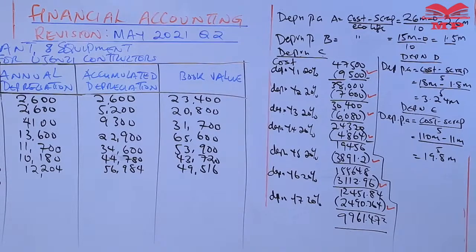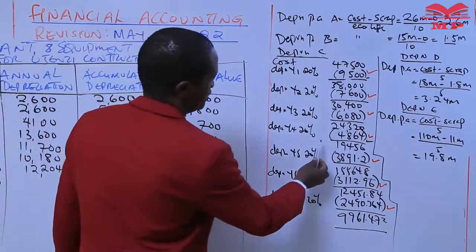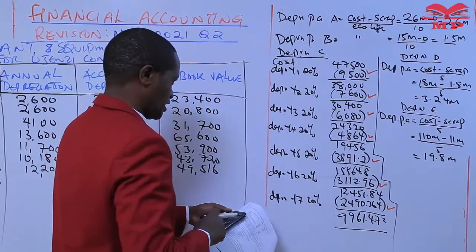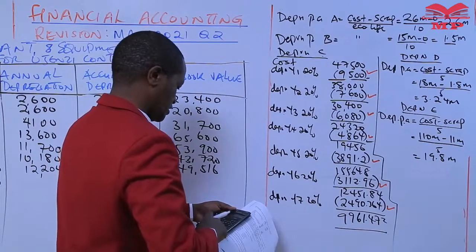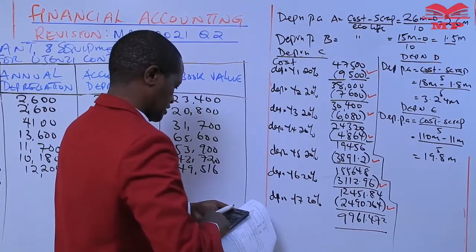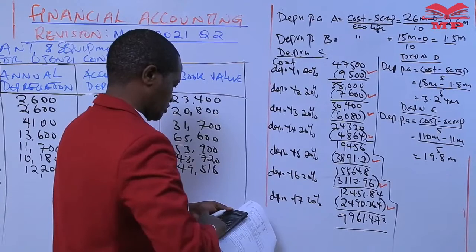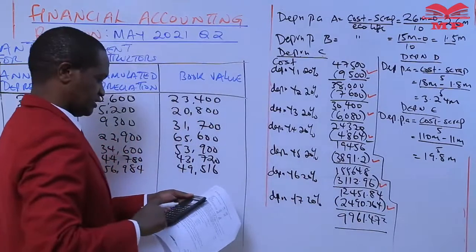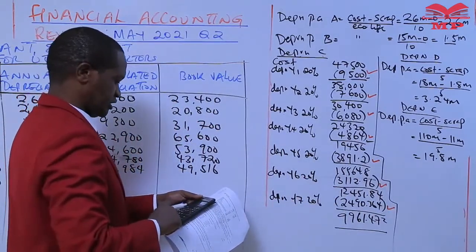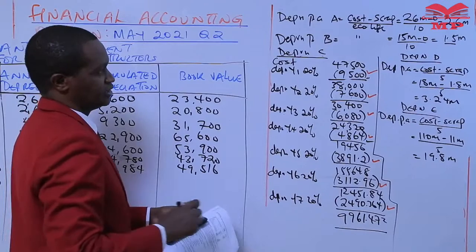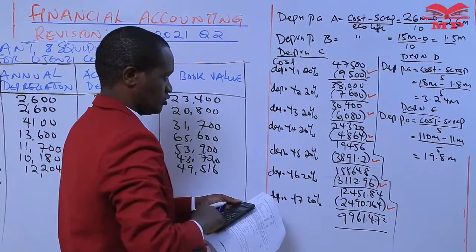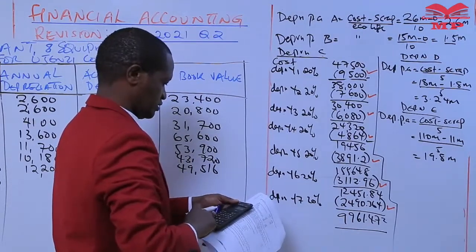Machine C, this is 5th year, year 5 machine C, the annual depreciation is 3891.2. Then machine D, we have it here, 3240.